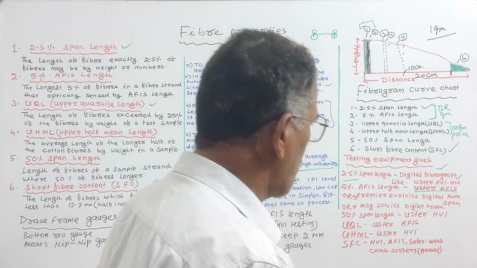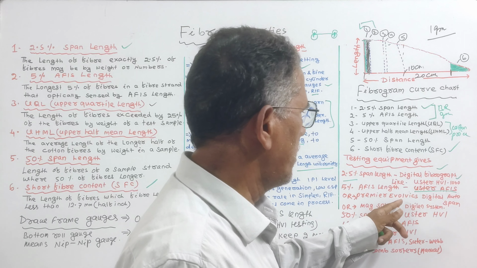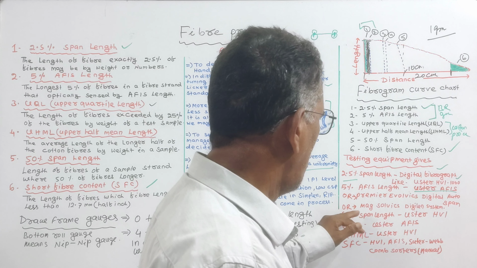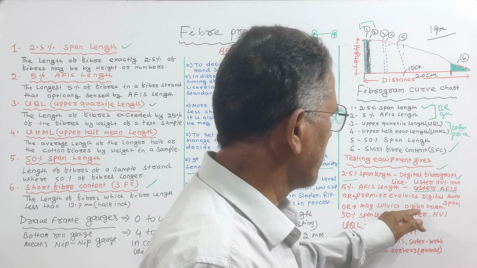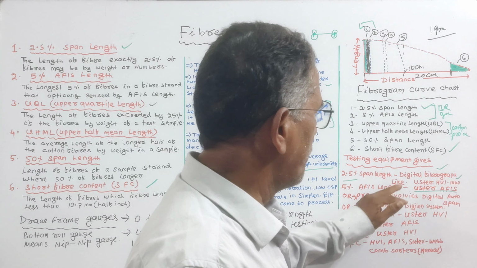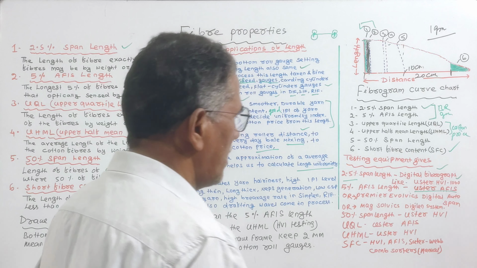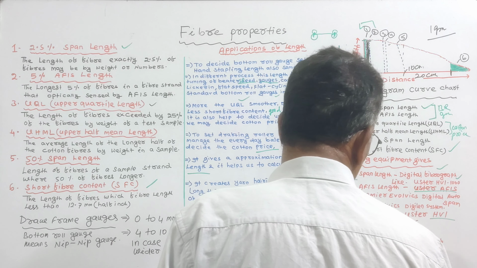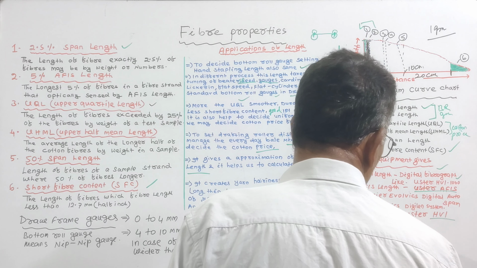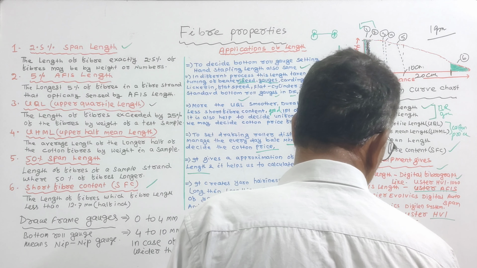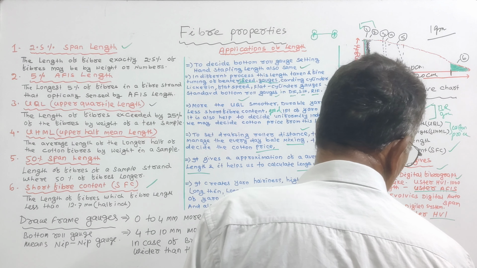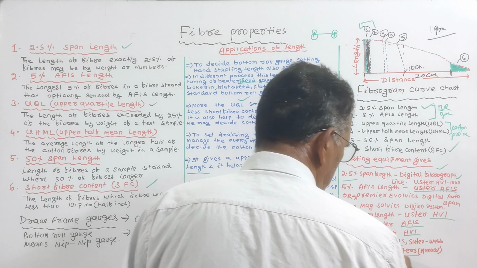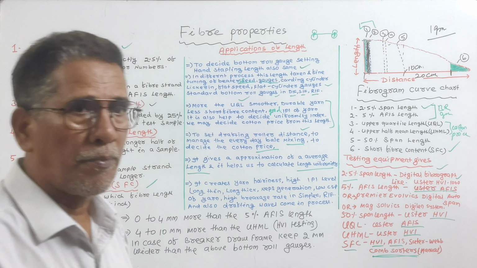If you have no Uster AFIS, then Premier Evolvis digital auto span or Maglvix DigiLab system also gives us 5% length or 50% span length. Uster HVI, UQL AFIS, UHML HVI, SFC HVI, AFIS, or the Baer sorter, yeah, comb sorter, that is a manual method. It will give SFC.